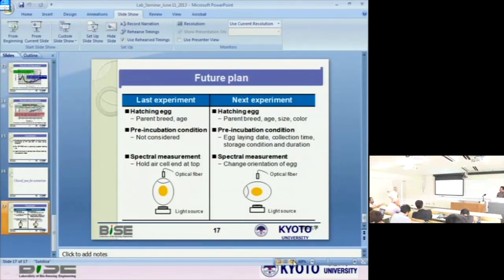The fruits are also different, sometimes different shapes and sizes, but they have to make sure that the optical fiber is attached to the surface. But I'm not sure about your egg, so I think you have to search somehow.